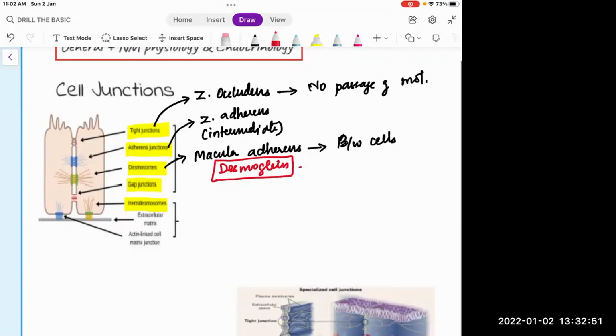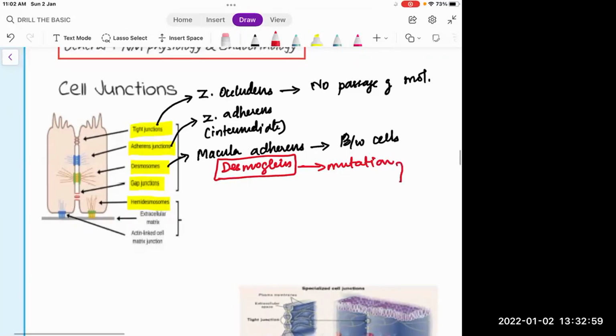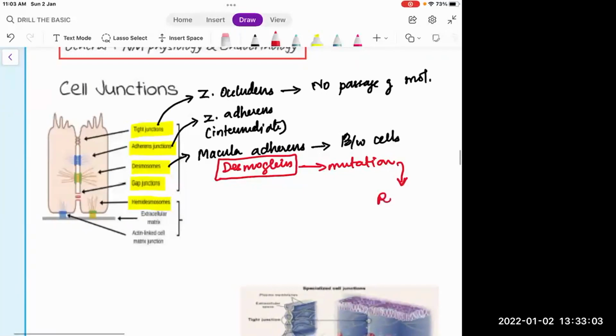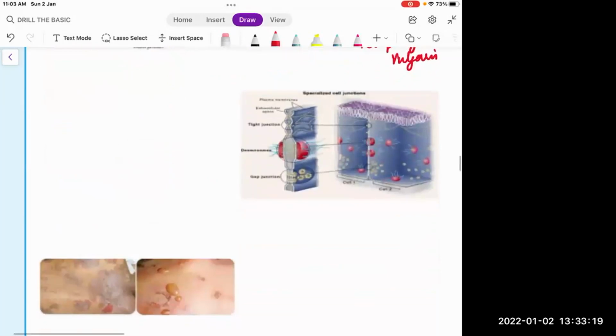When there is a mutation or any other defect of this protein, it results in clinical features like rashes or erosions, which you call pemphigus vulgaris.